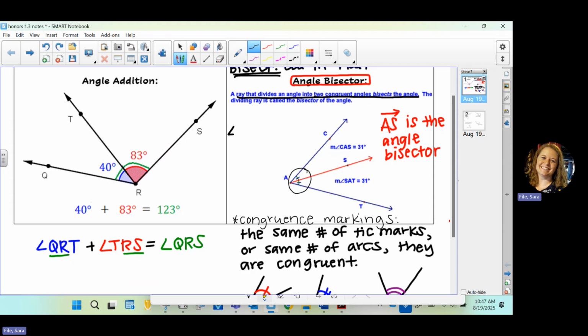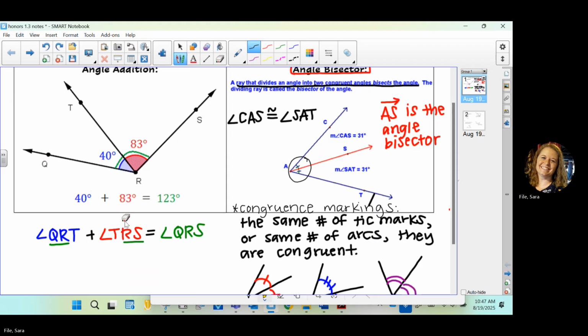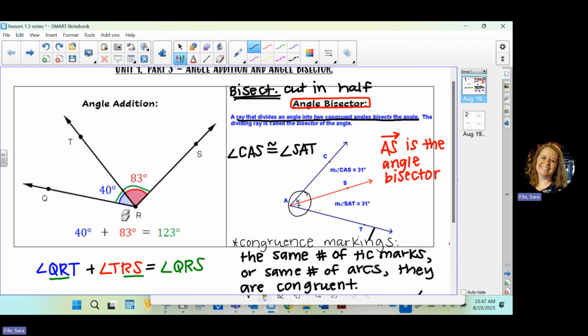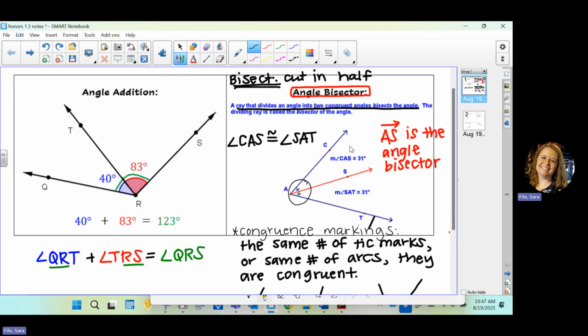So I'm just going to put angle CAS is congruent to angle SAT. Everybody good with that? Any questions about how to mark angles congruent or markings you would look for or what these terms mean? We feel okay?